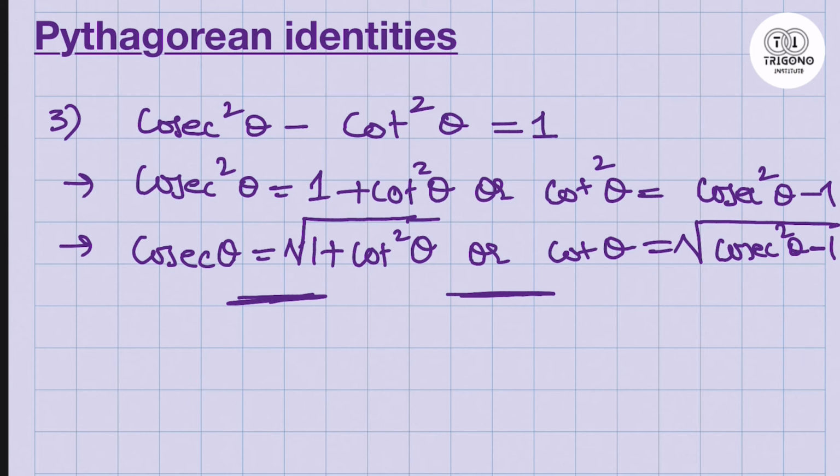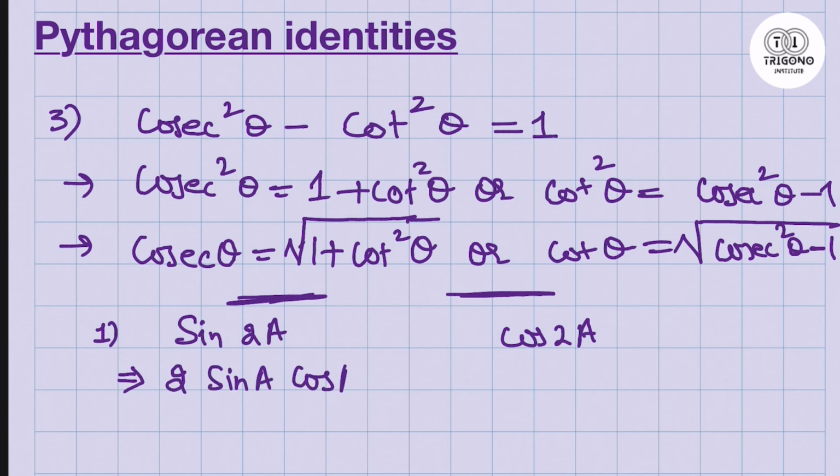So I also want to discuss two more identities that are usually used in 10th class, that is the 2A formulas, that is sine 2A and cos 2A. Sine 2A is equal to 2 sine A cos A, or theta, you can take any angle.